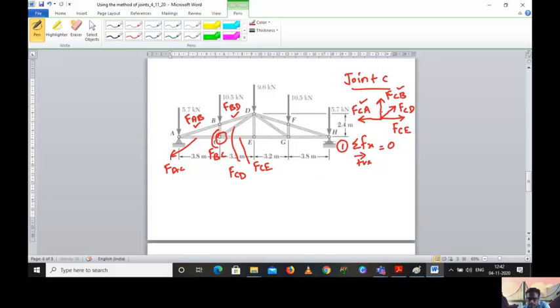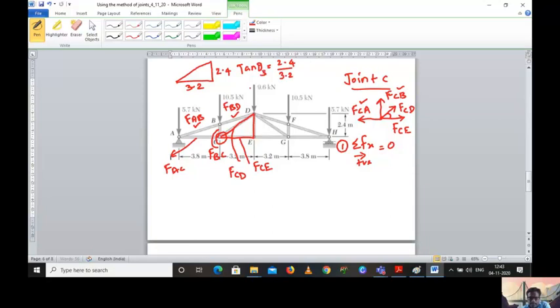We have to calculate the theta value again for FCD. For this particular one, you have to consider this triangle alone, please take note of it. Only this triangle, C, E and D. The vertical distance will be 2.4 and the horizontal distance will be 3.2. So tan theta equals 2.4 by 3.2.